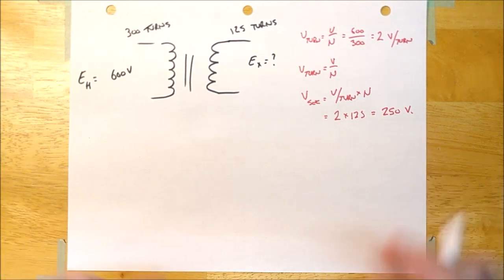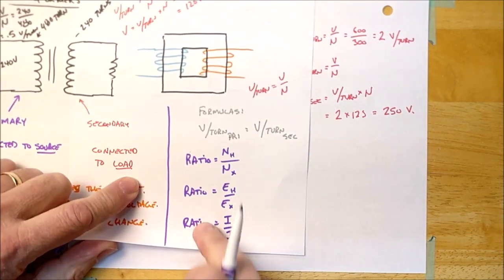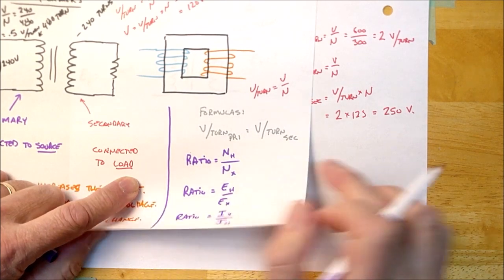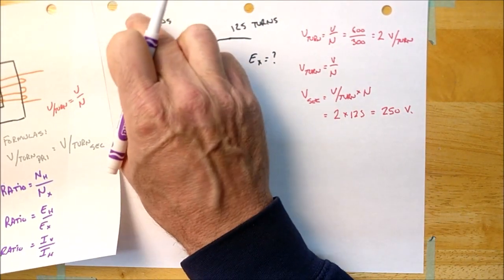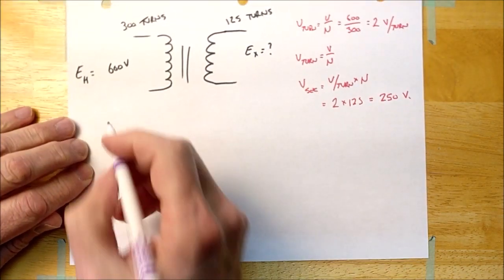But there's another way. And the other way is to calculate the ratio of the transformer using whatever means necessary, okay, guys? And in this case, since we have the turns on the primary and the turns on the secondary, we're going to calculate the ratio of this transformer.